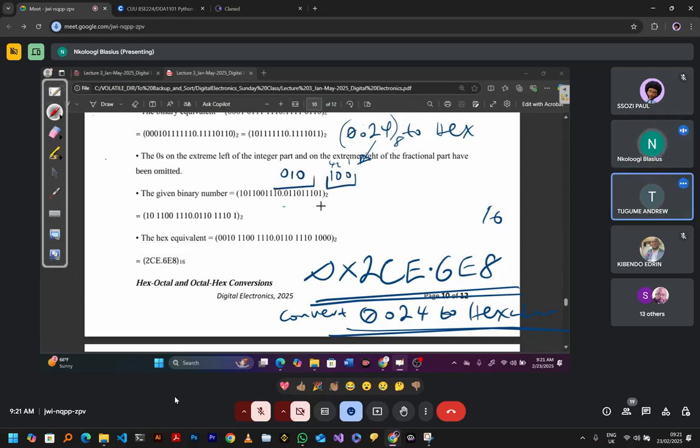So what you do after getting the bits in threes, regroup them in bits of 4, in groups of 4. So you have this. If you regroup in fours, what is the answer? If you regroup in fours, from LSB to MSB. What will you have?